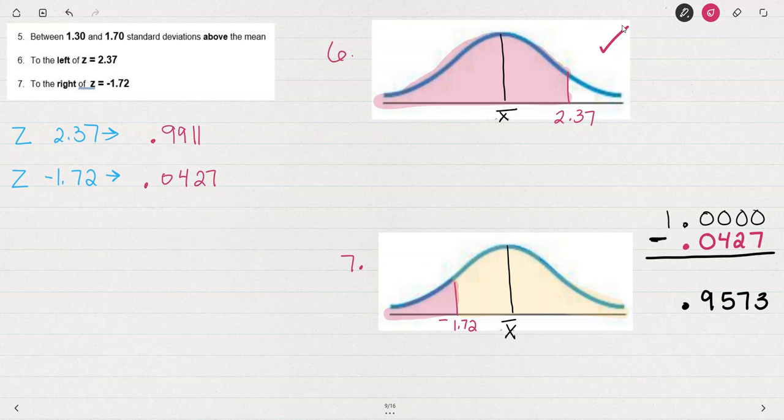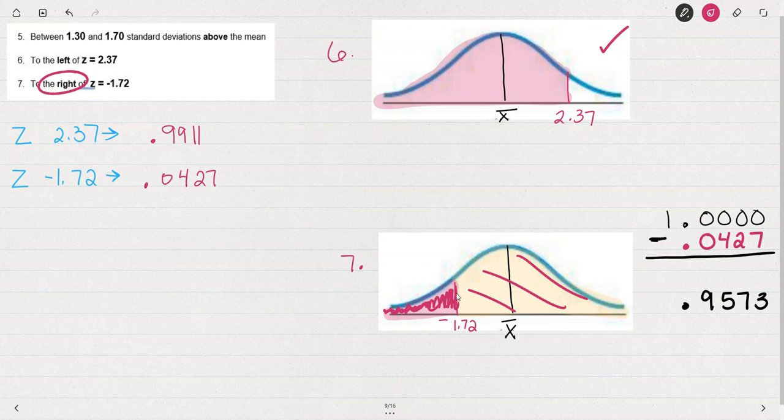For number 7, when I'm looking for the area to the right of this given z-score, that's the yellow area. That's this. I'm going to draw the red lines through it. The yellow with red stripes. But the chart gives me this pink stuff over here. It's highlighted pink, right?